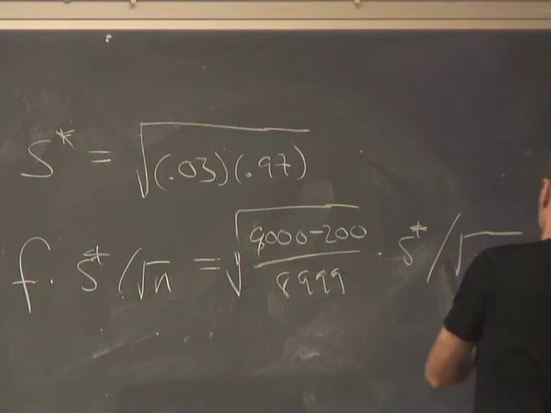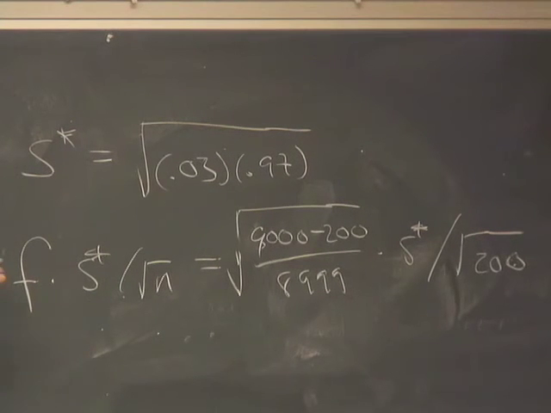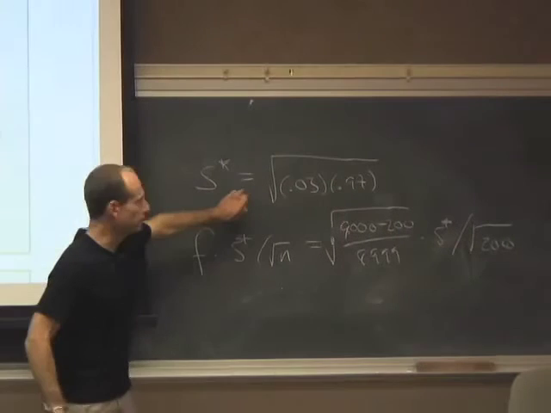So this would be our bootstrap estimate of the standard error, starting with the bootstrap estimate of the SD of the box.